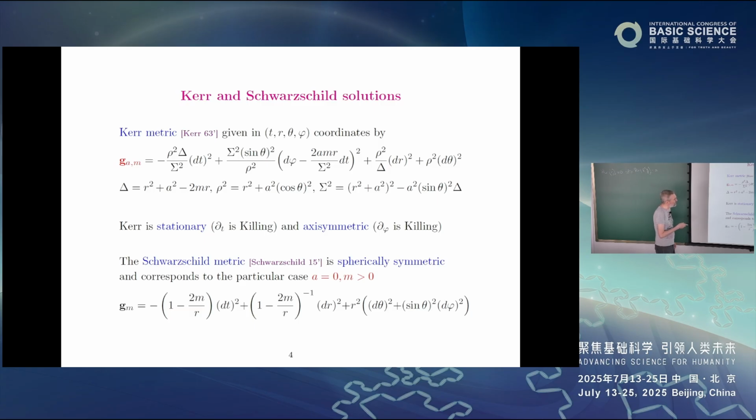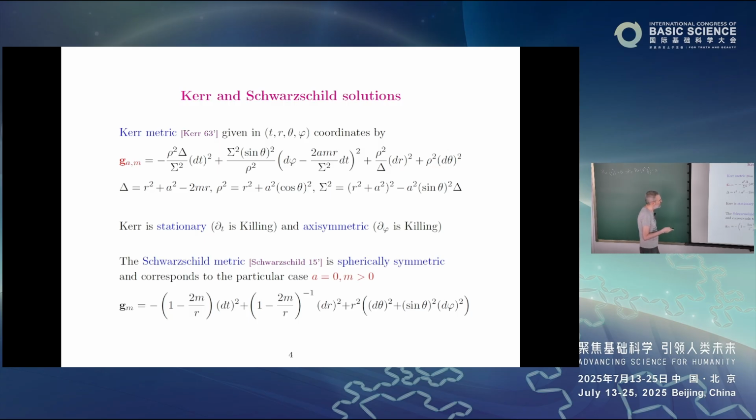What is relevant is that, first of all, there is a formula, which means that these are indeed, as I announced, explicit solutions to the Einstein vacuum equations. Second, this is a two-parameter family. It depends on parameters a and M. a is the angular momentum per unit mass, and M is the mass of your black hole.